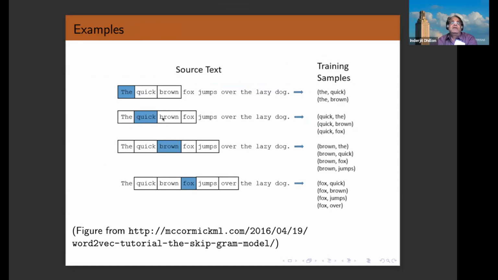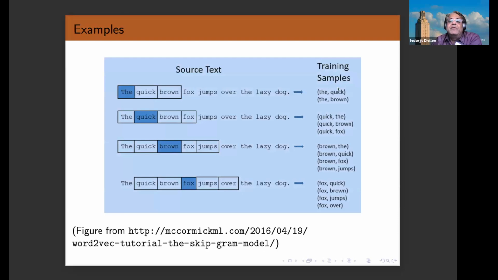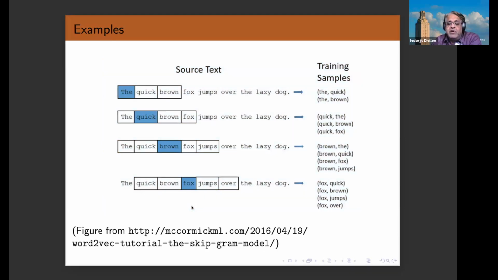For example, if you have a sentence like, the quick brown fox jumps over the lazy dog, then you might use training samples centered on the word under consideration and then the context. So for example, here: brown the, brown quick, brown fox, brown jumps, and so on.